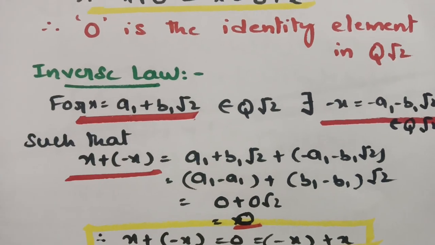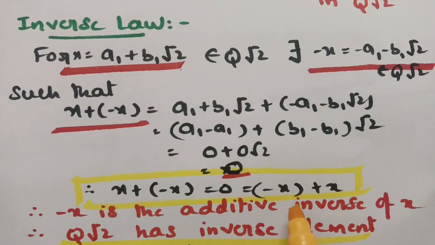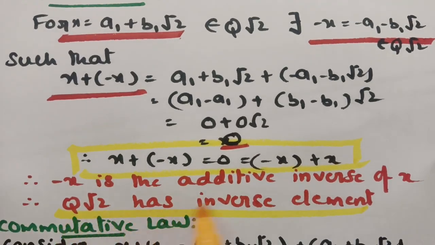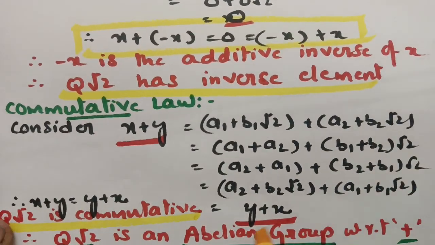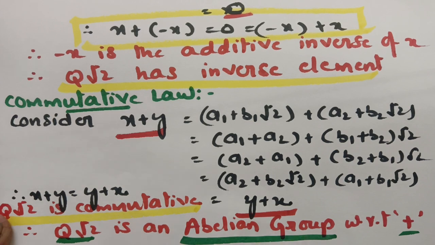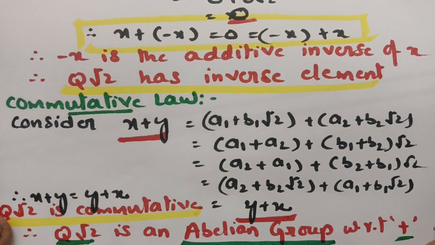And next, for inverse, as you know, for a, minus a will be the additive inverse. Therefore x plus minus x is equal to 0, which is equal to minus x plus x, and therefore Q root 2 has an inverse element. For the commutative law, x plus y is equal to y plus x, which is commutative. So all the properties, that is closure, associativity, identity, inverse and commutative law hold, and therefore we say that Q root 2 is an abelian group with respect to the binary operation, that is addition.